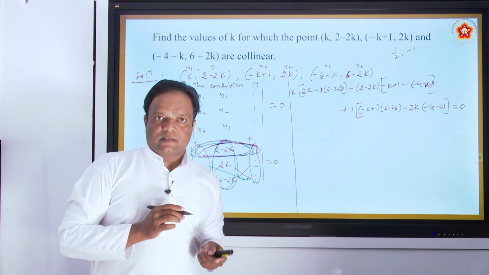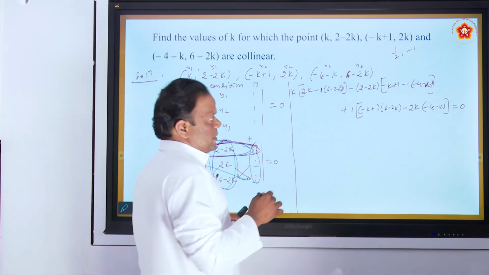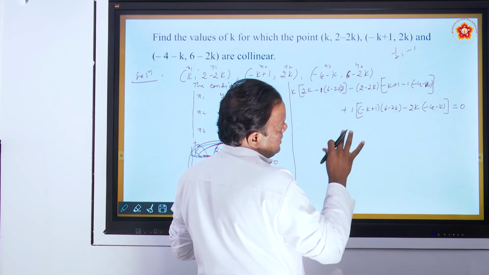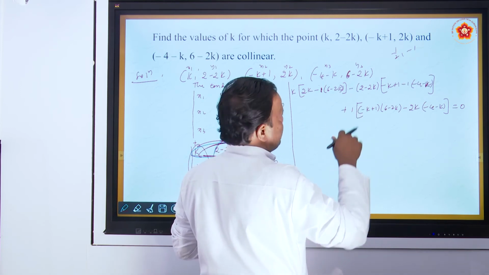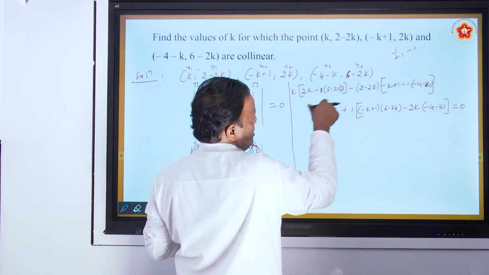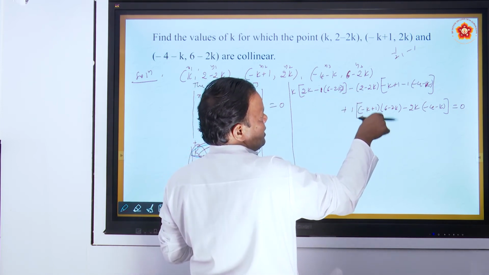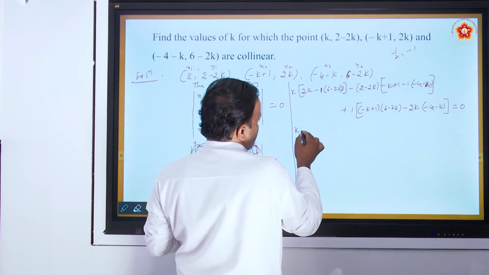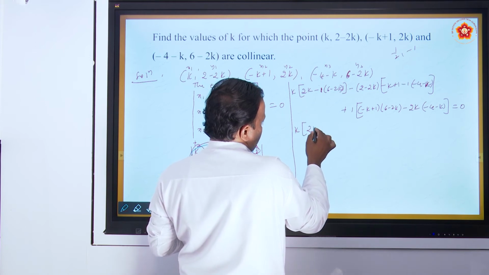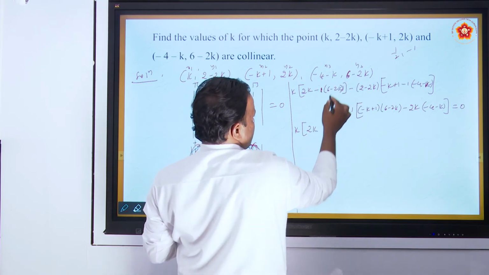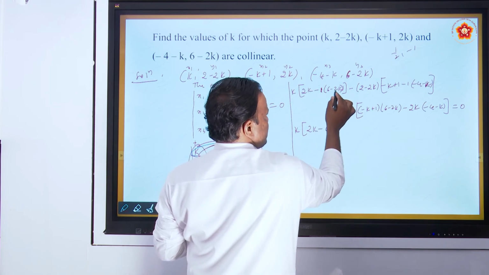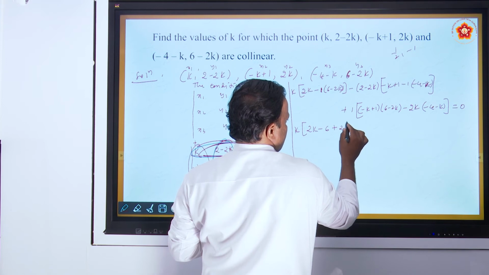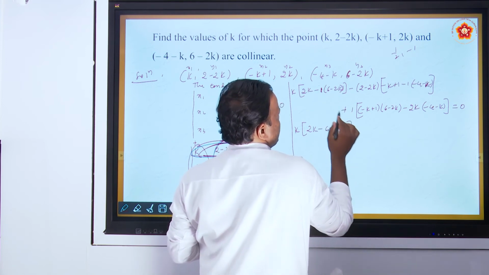Okay, now the simplification steps. How can you simplify this one? Be careful, because so many signs and brackets are there. I first solve the simple brackets, then go through the square bracket, then solve the final stage. This k as it is, bracket 2k. So minus 1 into 6, minus 6; minus 1 into plus 2k, minus of minus, this is plus 2k.